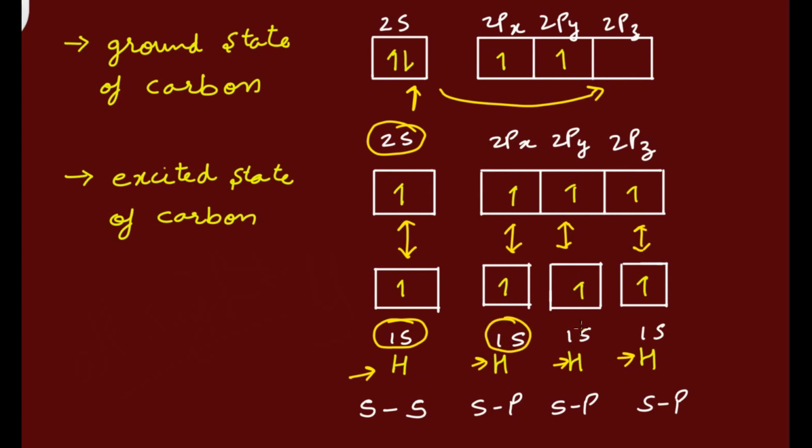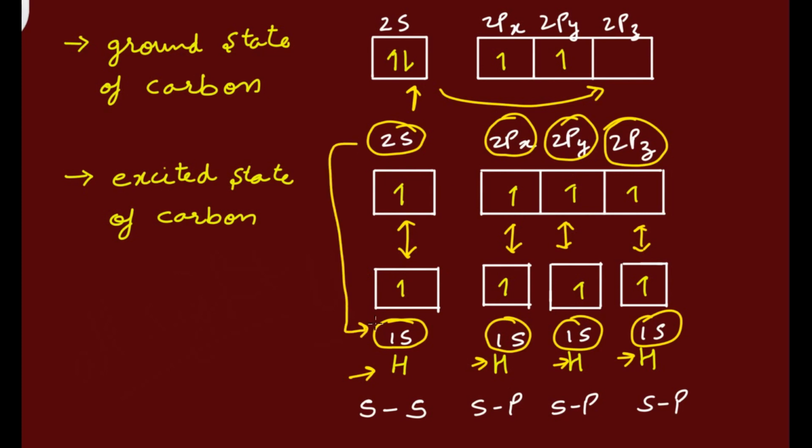All these three bonds are formed by the overlap of the 1s orbital of hydrogen and the 2p orbital of carbon. Now this particular bond should be different from these three bonds. Why? Because the overlapping is taking place between the 2s orbital and the 1s orbital, and in this case the overlapping is between the 2px, 2py, 2pz orbitals and the 1s orbital of hydrogen, right?